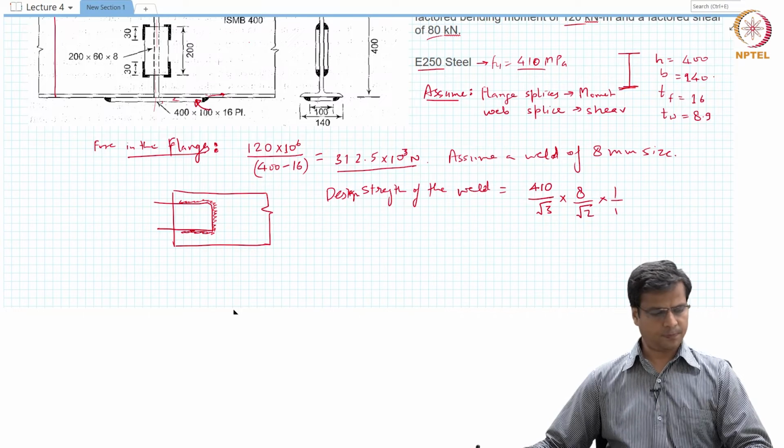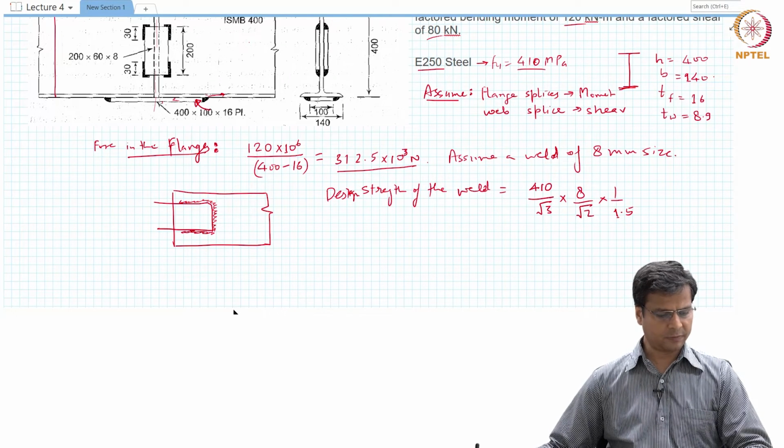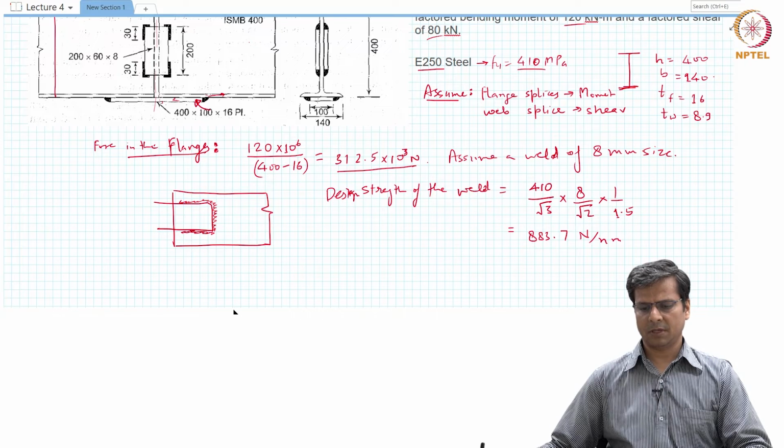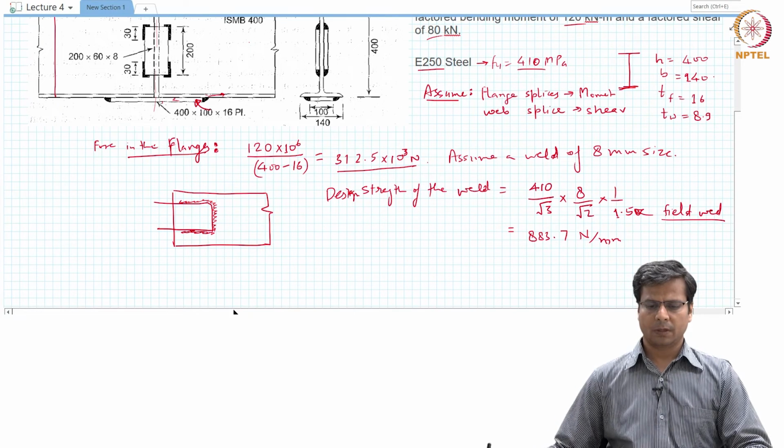Then since it is a field weld, we will divide by a factor of safety of 1.5, and that gives us the weld strength of 883.7 Newton per millimeter. 1.5 stands for the field weld.